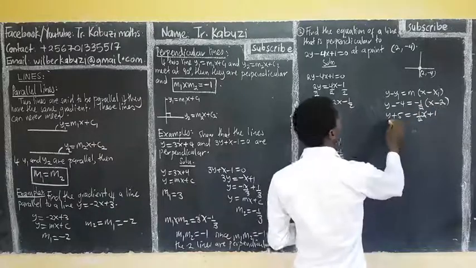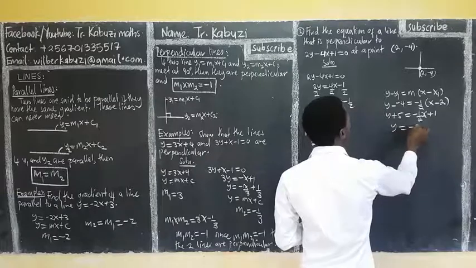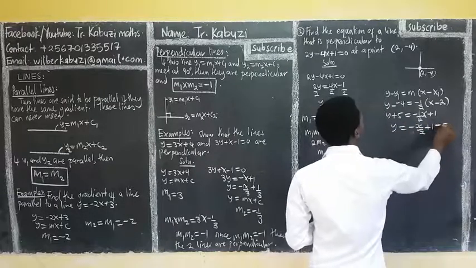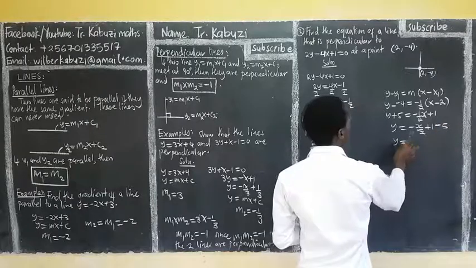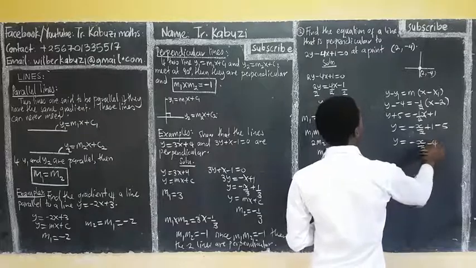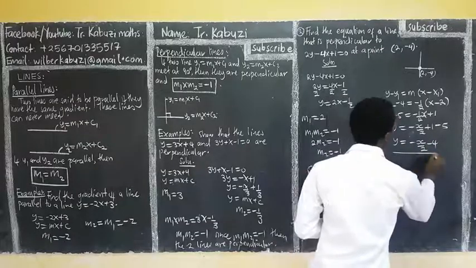So this will be y equals negative x over 2 plus 1, then take the 4 to the other side, so our y is negative x over 2 plus 1 minus 4. That will be the equation.